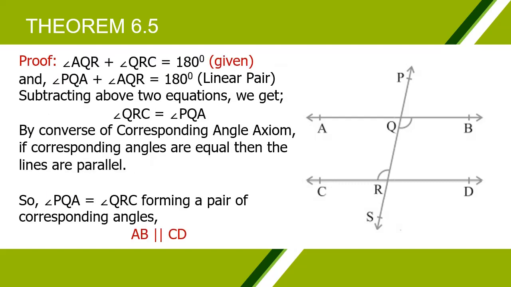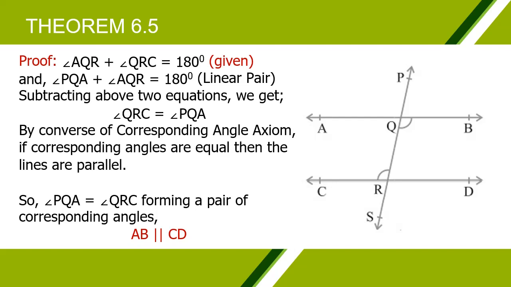Now in the proof, angle AQR plus angle QRC is equal to 180 degrees. It is given, but angle PQA plus AQR is equal to 180 degrees, linear pair. Subtracting the above two equations, we get angle QRC is equal to angle PQA.